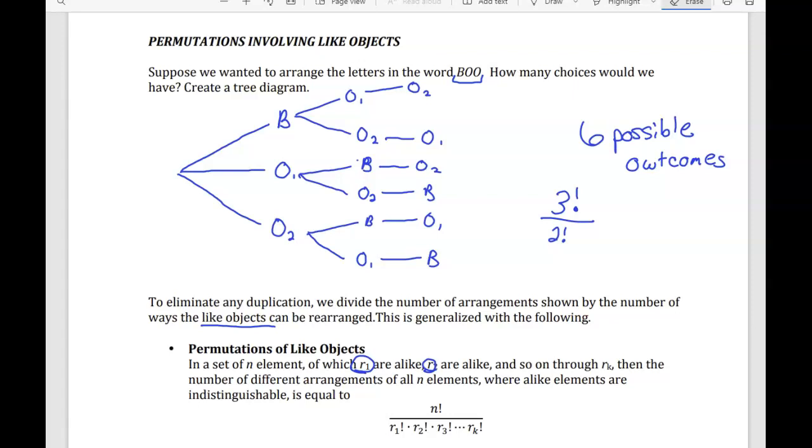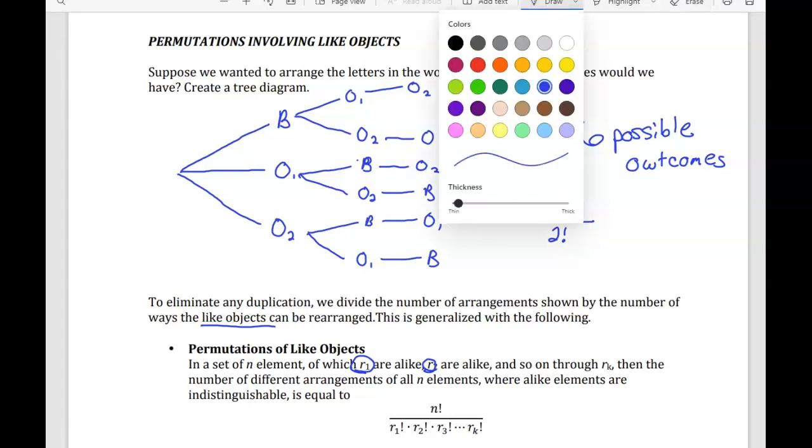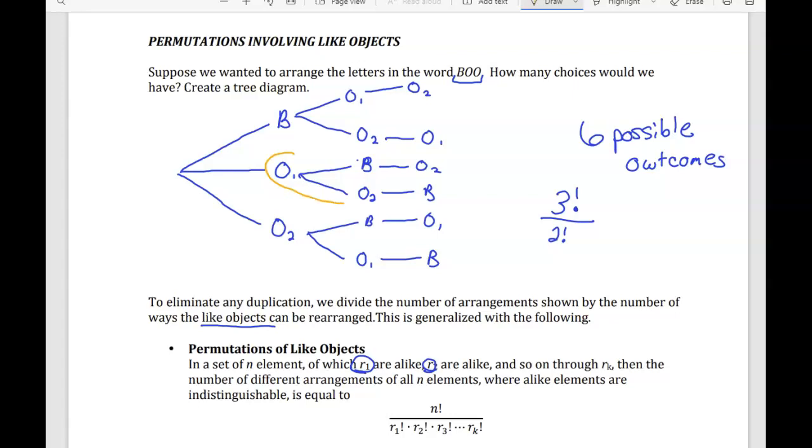And so technically we should only get 3 possible outcomes because if you notice this one here, OOB and OOB are the exact same thing. And then these two are technically the exact same thing.